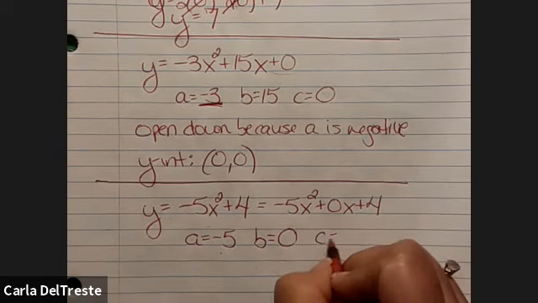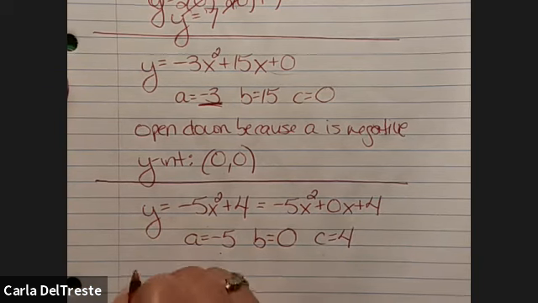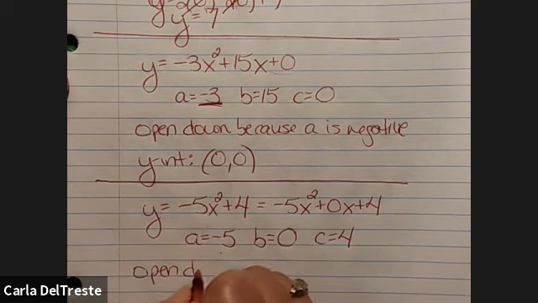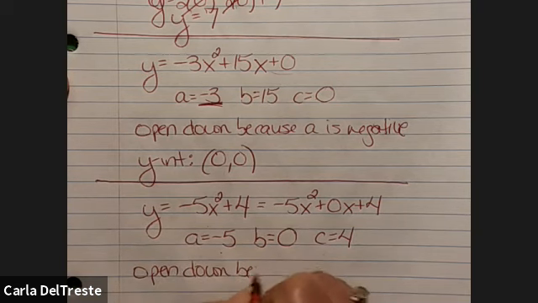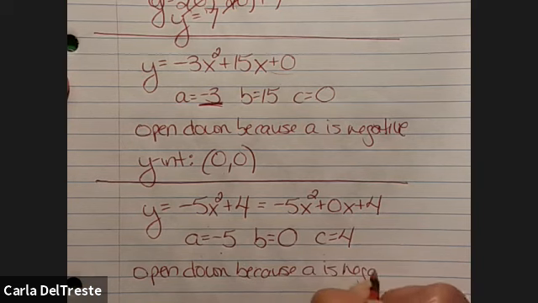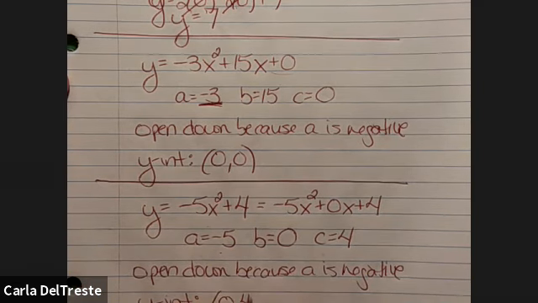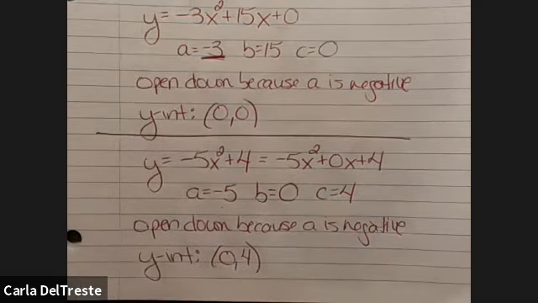And then that leaves c equals 4. This tells me that it's open down because a is negative, and that my y-intercept is (0, 4). So those are the features that you can gather just from the equation of a quadratic.